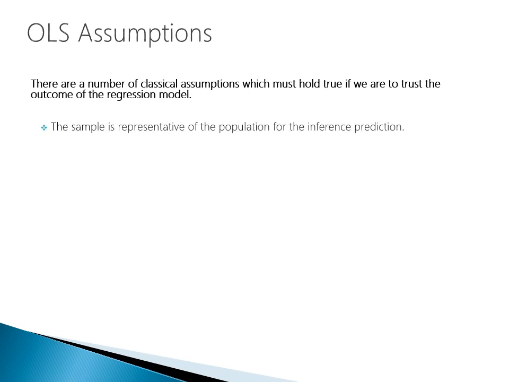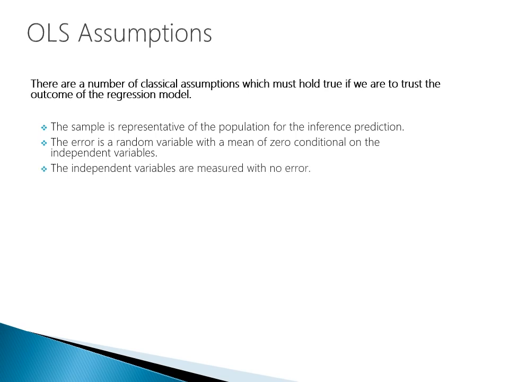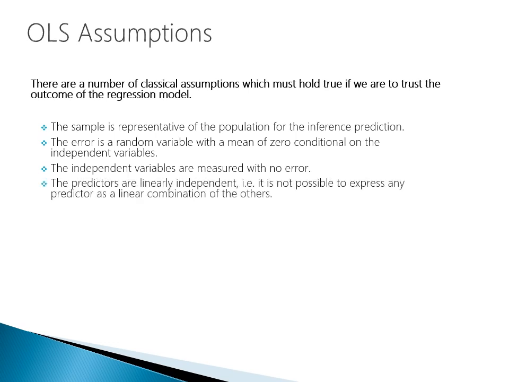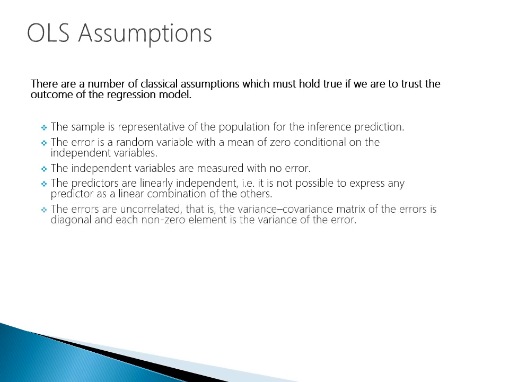We need to make sure that the sample is representative of the population for the inference prediction. The error is a random variable with a mean of 0 conditional on the independent variables. The independent variables are measured with no error. The predictors are linearly independent, which means that it is not possible to express any predictor as a linear combination of the others.